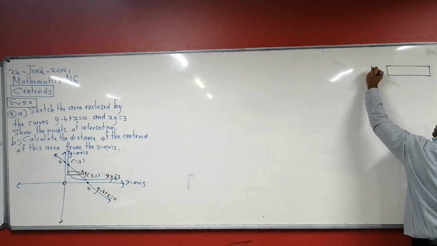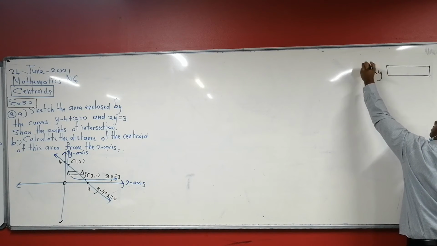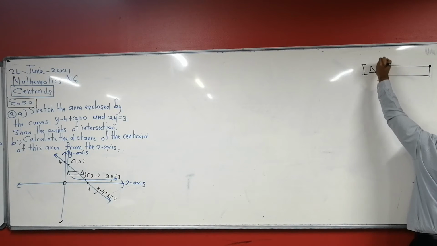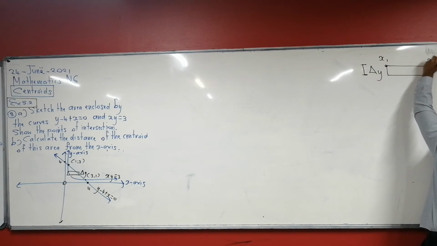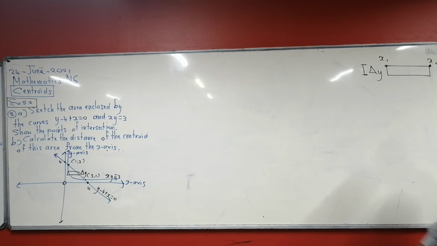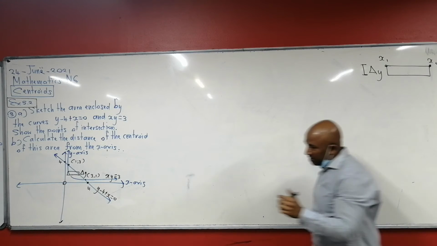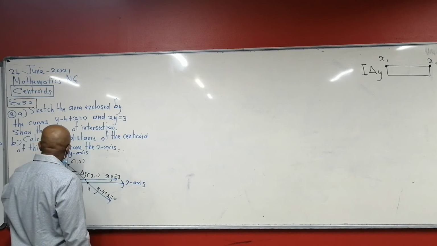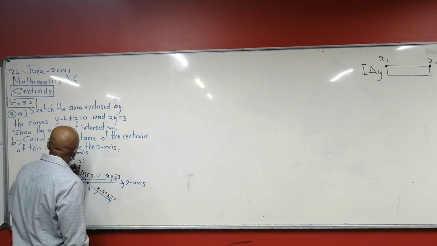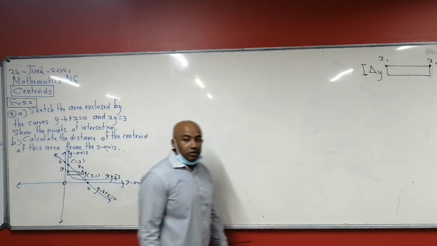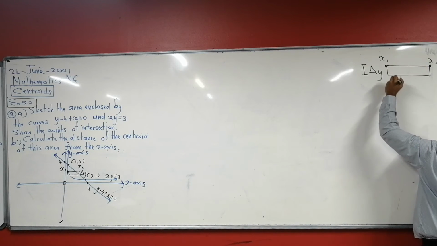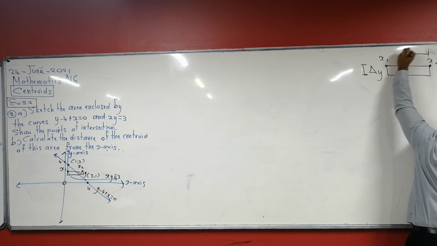We have delta y, which is the breadth. So if you're using delta y, call this x1, call that x2. We're dealing with our 2 points. Let's call this part here x1, x2. So now we know the length. The length is from here to here.